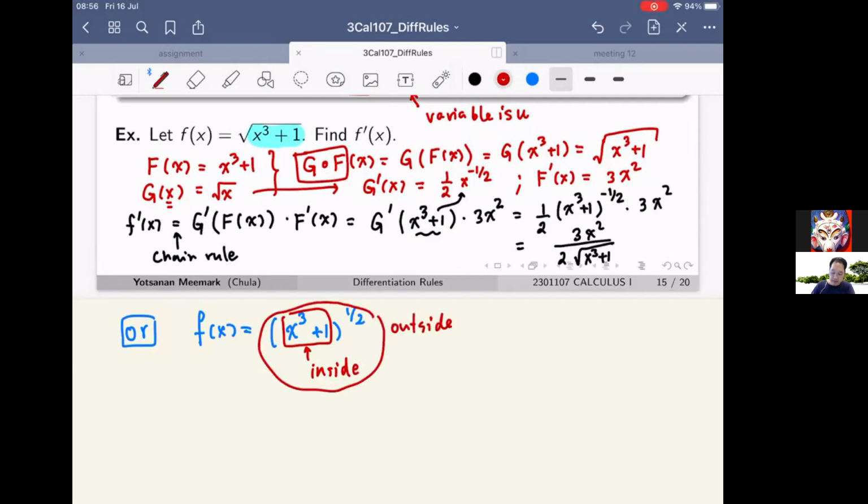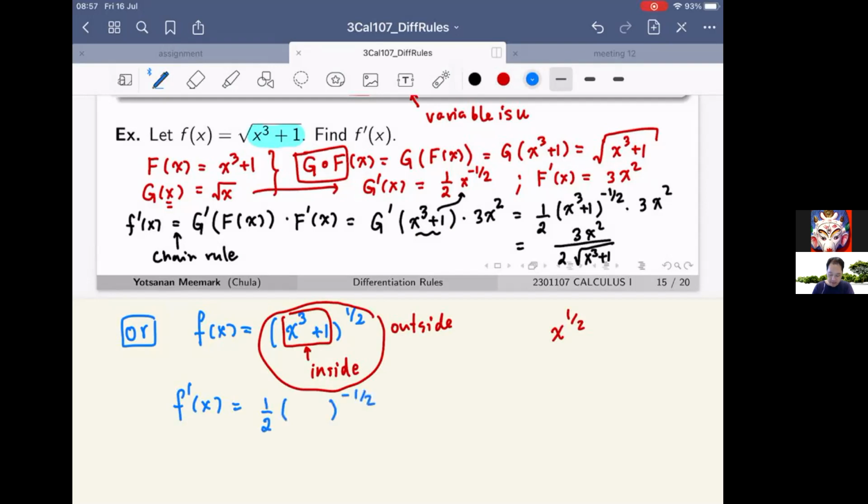So to find your f prime, it is the derivative of the outside, regarding the inside as the x. So it looks like x raised to the power 1/2. So you have 1/2 kicked down, and then the inside raised to the power negative 1/2, right?